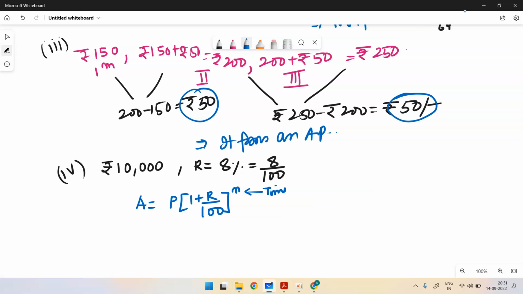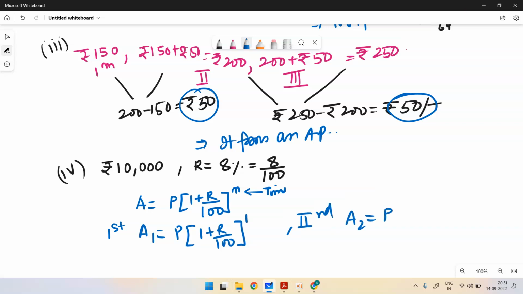Now you can directly see that for the first year, suppose this is A1, this is nothing but P into 1 plus R by 100, where n is 1. For the second year, A2 is nothing but P into 1 plus R by 100 whole square.